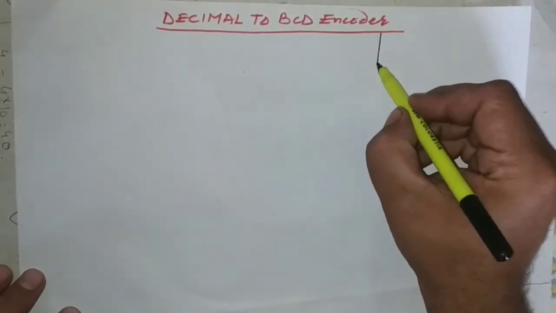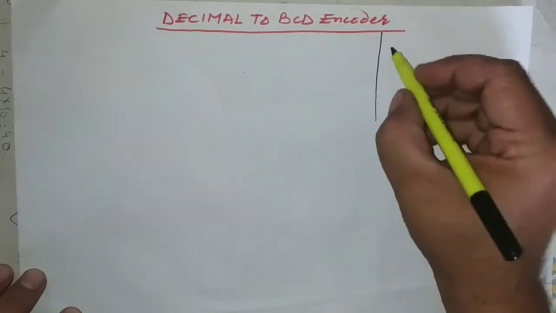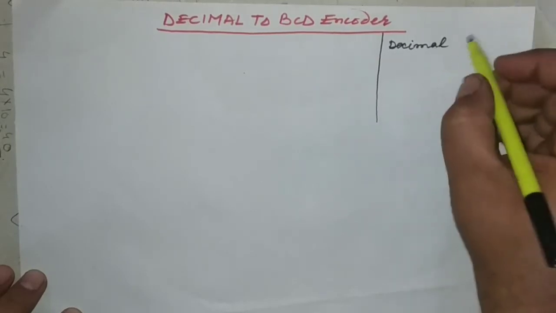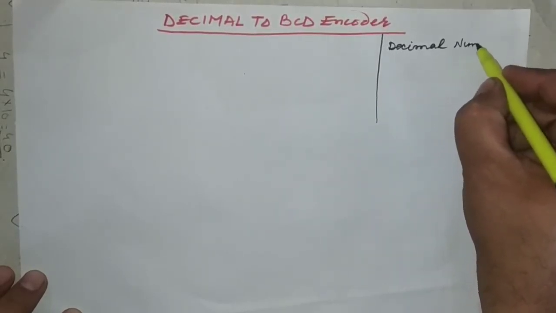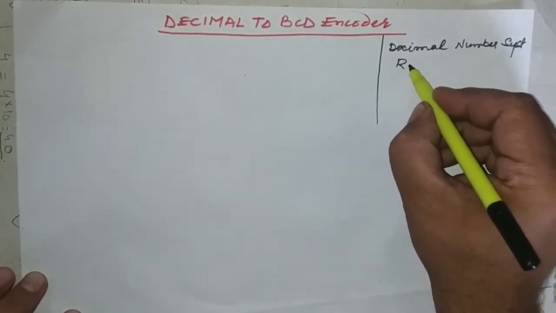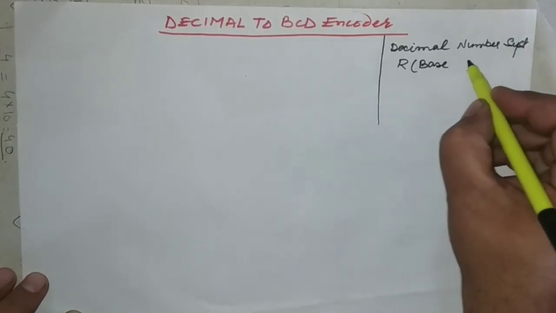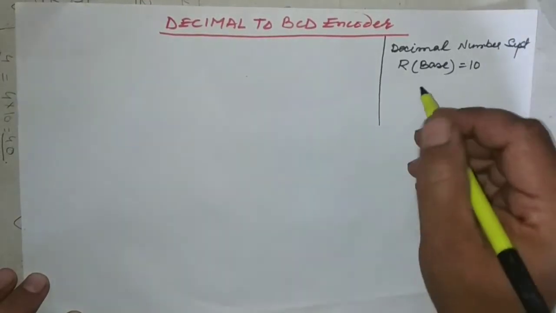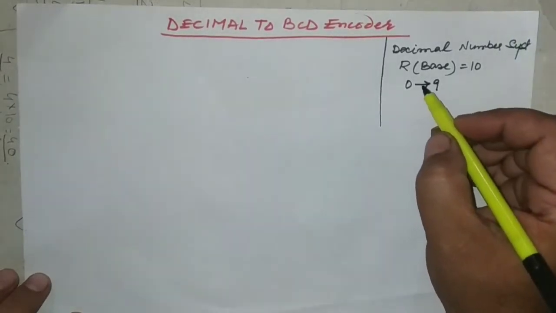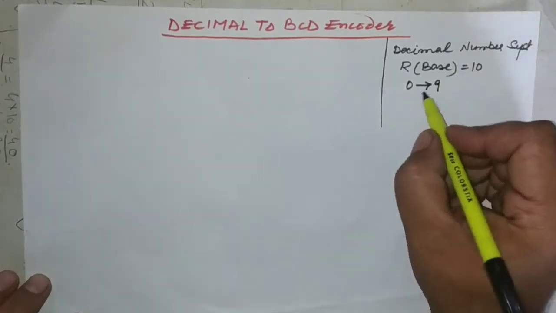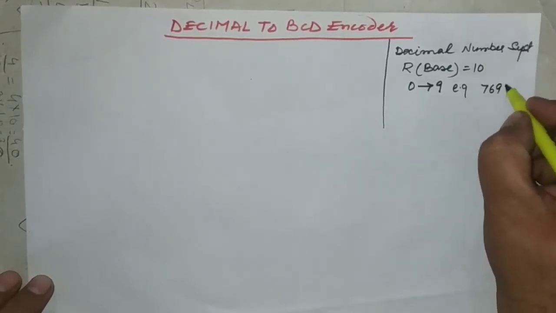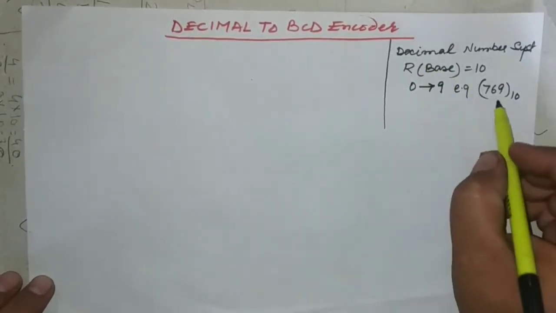So before going into the details of this type of encoder, in previous lectures I have shown you that the decimal number system has the radix or base as 10, so it can have the values from 0 to 9, means each digit of the decimal should fall in this range. For example, 769, base is 10, so this is a decimal number.